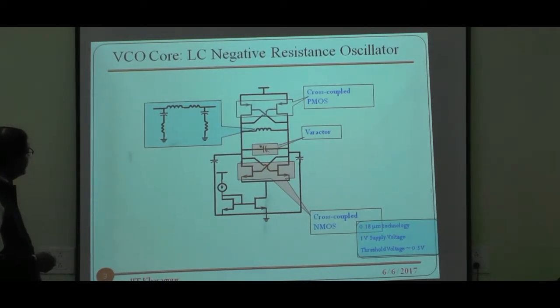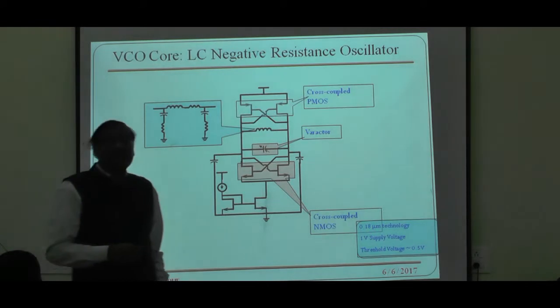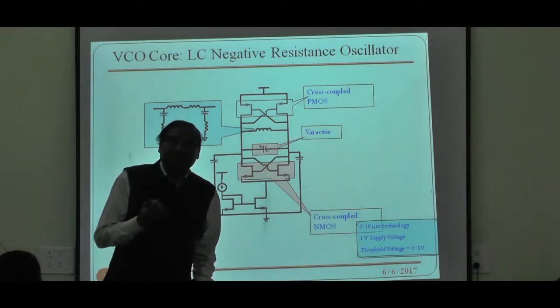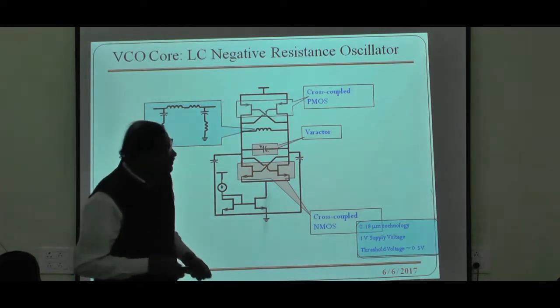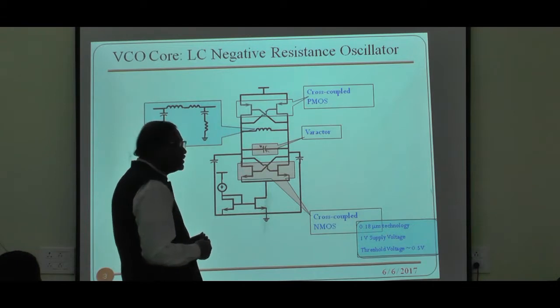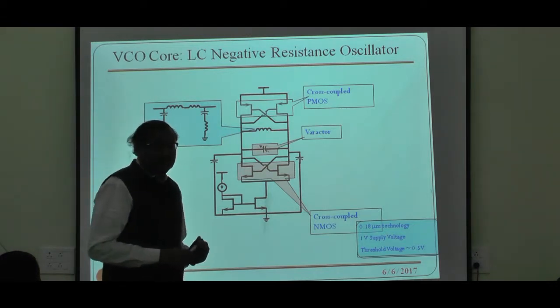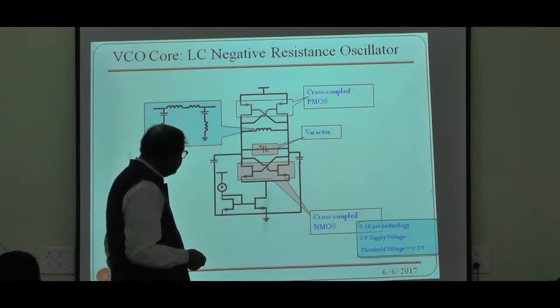In between you will find an LC network, that is the tank circuit. The resonant frequency of the tank is called the free-running frequency of the oscillator, where the frequency of this oscillator is 1 by 2 pi root LC, where L is the inductor value and C is the capacitance.